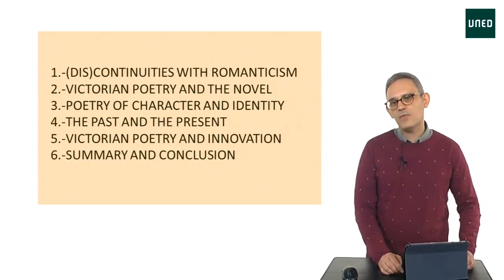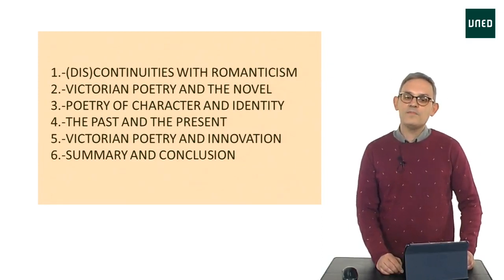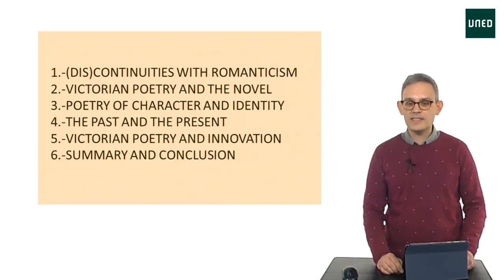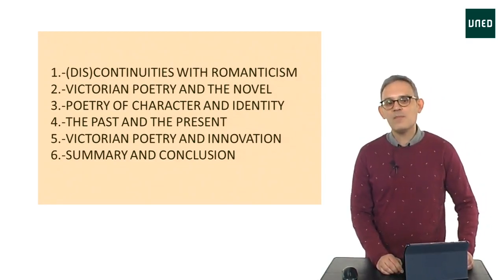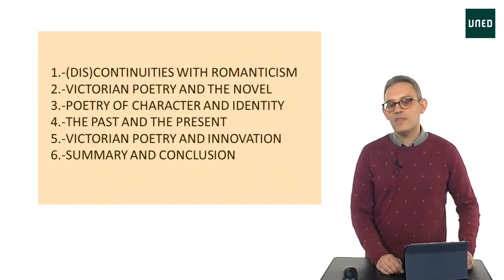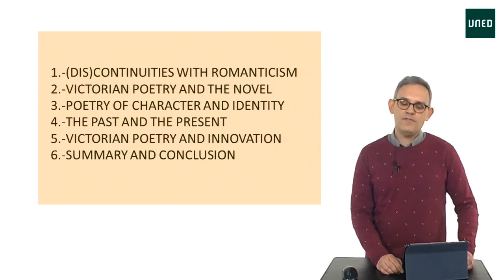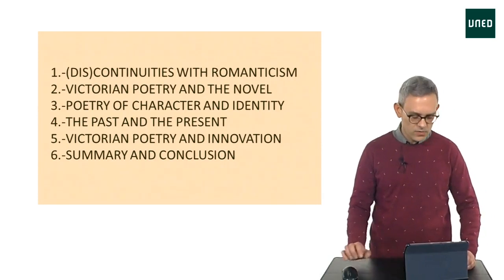Number 3, we'll be considering Victorian poetry as a poetry of character and identity. Number 4, the past and the present in Victorian poetry. Number 5, innovative aspects of the poetry of the period. And we will end with a short summary and conclusion.